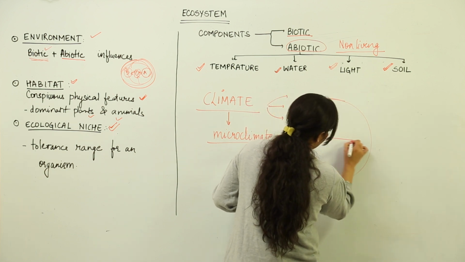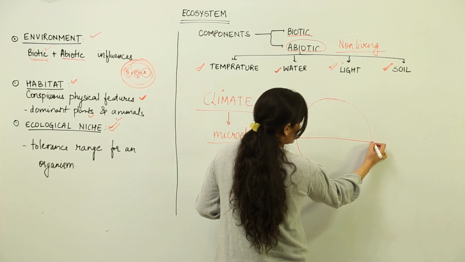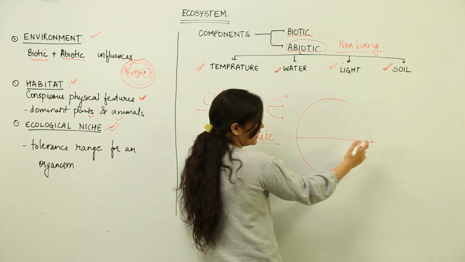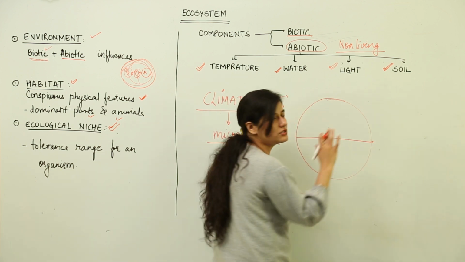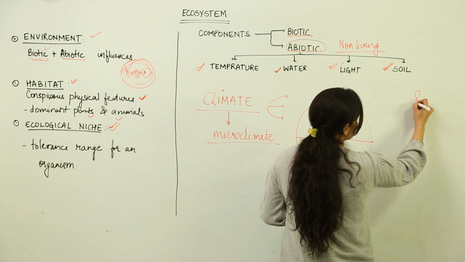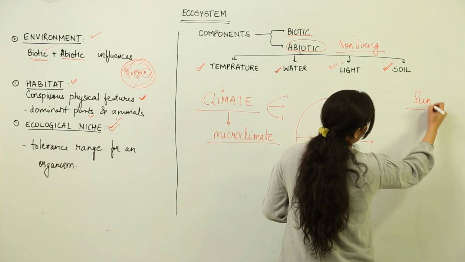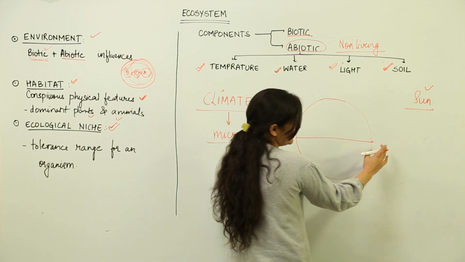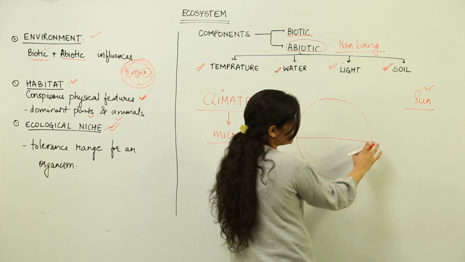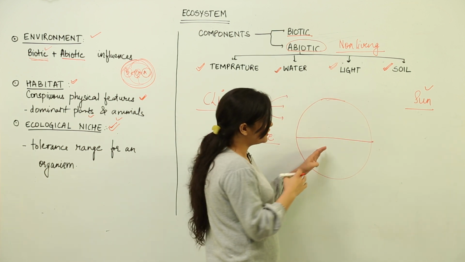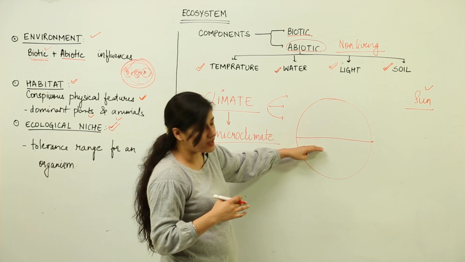We have an equatorial region right in the middle of the Earth, and we have the ultimate source of energy, the sun. Sunlight comes in the form of rays. How the rays fall in a particular region has given rise to various climatic zones.